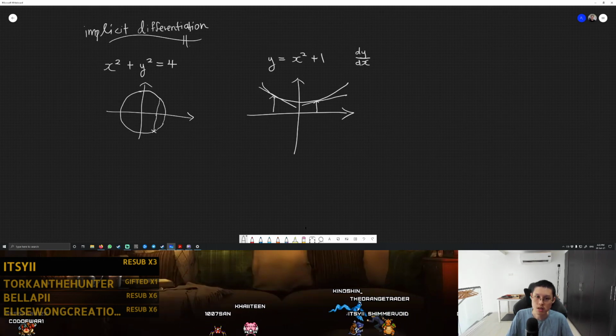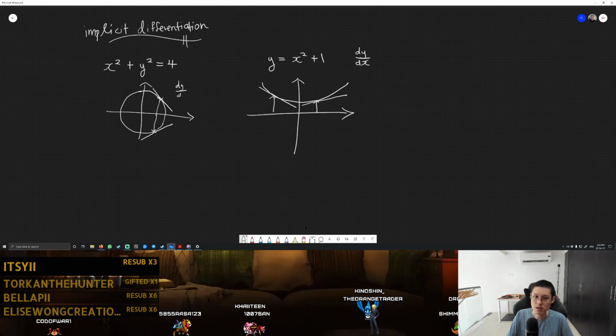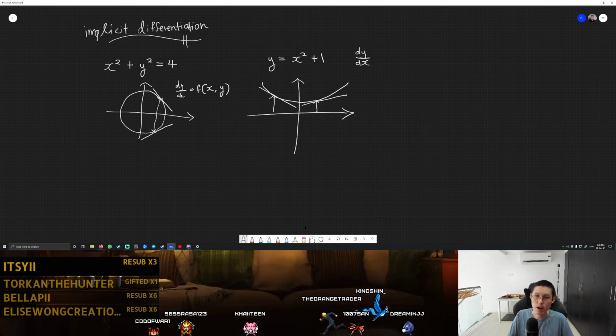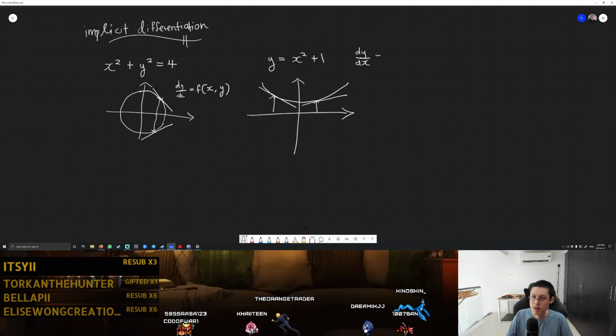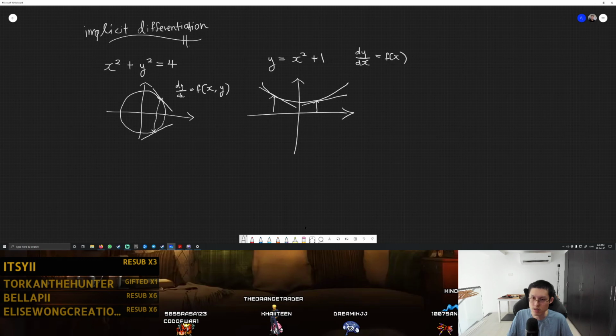It could be this one, it could be this one, and the gradients of the tangents at those points are different. So your gradient actually depends on both x and y. But this one only depends on x. So for situations like these, you have to use implicit differentiation.